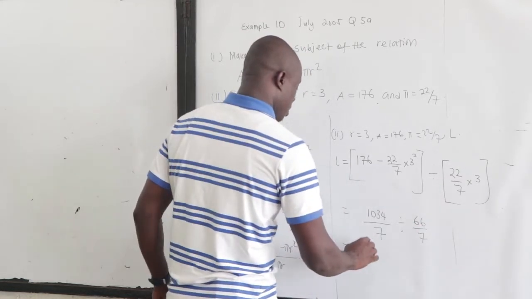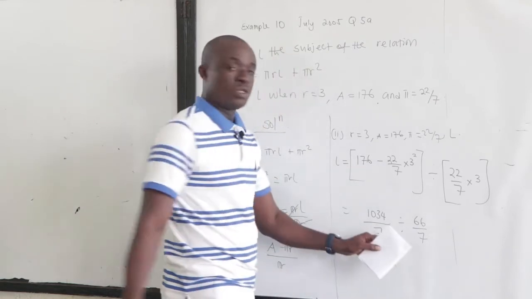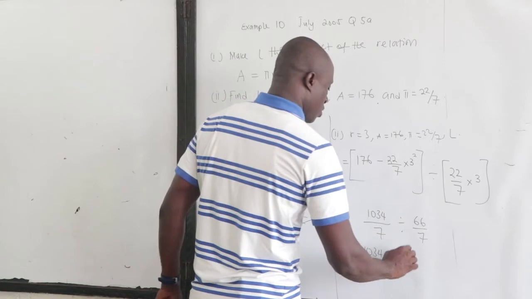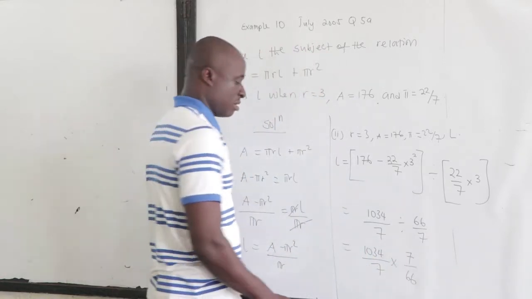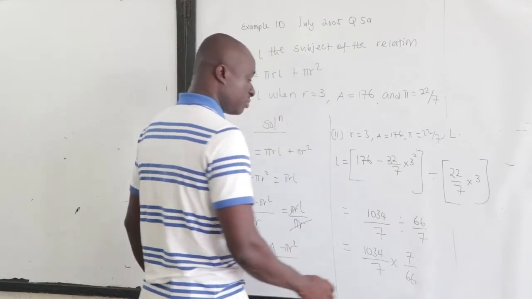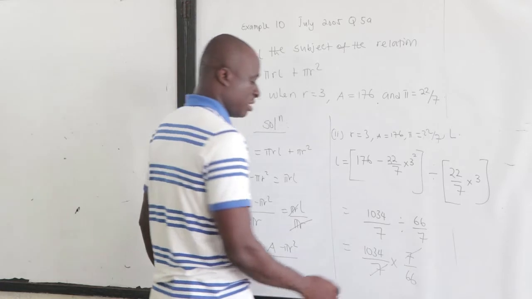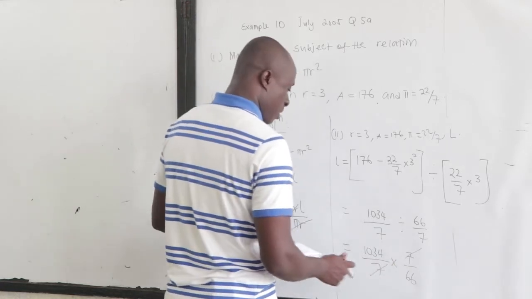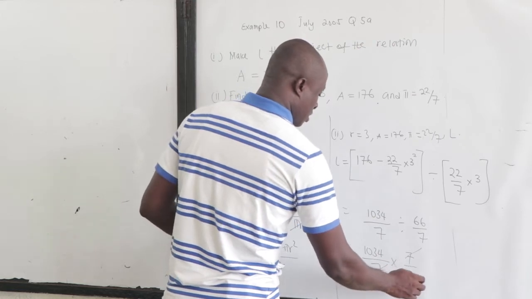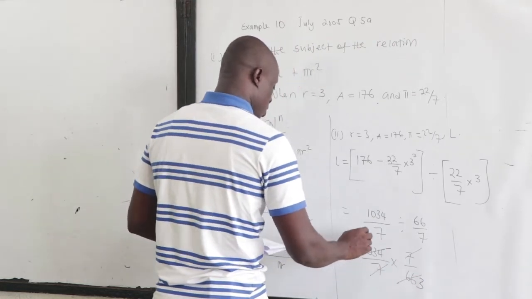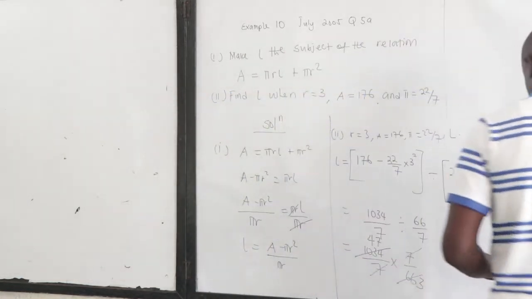Now from here, 1034 over 7. Division will change to multiplication, and you have to reciprocate the second term, 7 all over 66. Now what can we see? This 7 will cancel this 7, and then 22 will go into 66, that is 3 times, and 22 will go into 1034, that is 47 times.